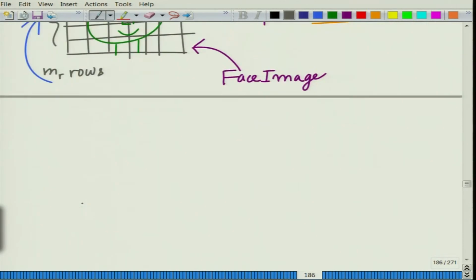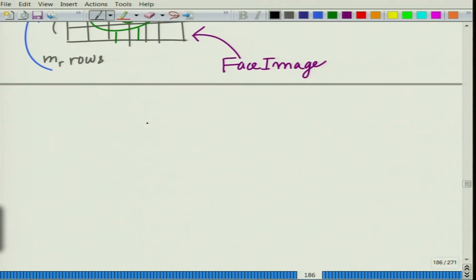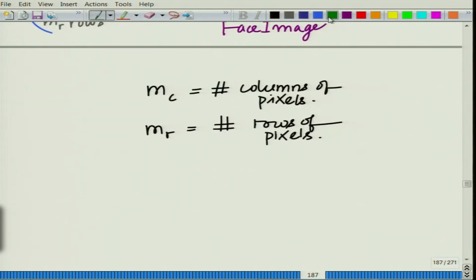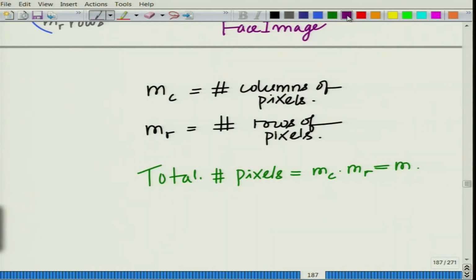So in the face image, MC equals the number of columns of pixels, MR equals the number of rows of pixels, and therefore the total number of pixels is given as MC times MR. Let us call this M. M is the total number of pixels. All right.